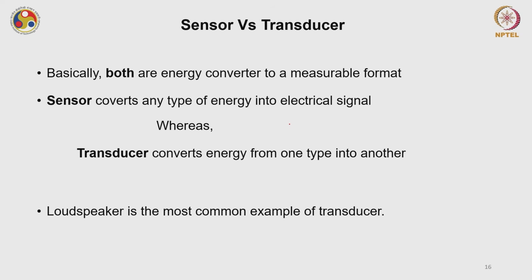Once I understand that a sensor is a converter from one form of energy to electrical, I am ready to differentiate between a sensor and a transducer, because sometimes it can be very confusing.